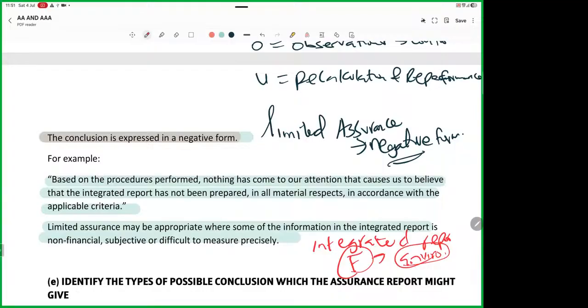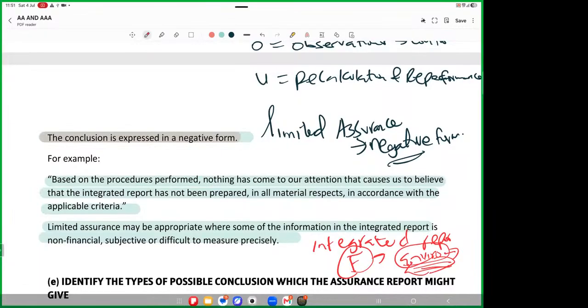So for environmental and even social matters, where there is subjectivity, it will be very good that at the end of the day you provide what we call limited assurance. You're limiting yourself. You're saying, hey, I did not have enough procedures to warrant providing a reasonable assurance. I hope, ladies and gentlemen, up to here, somehow we are together.